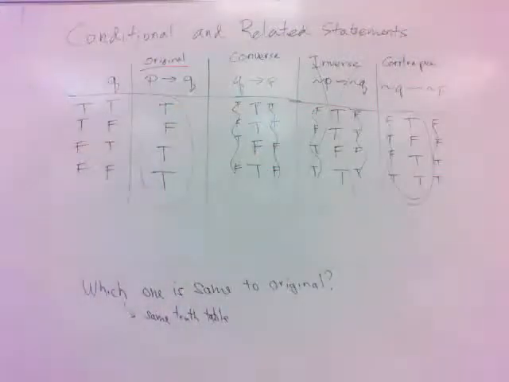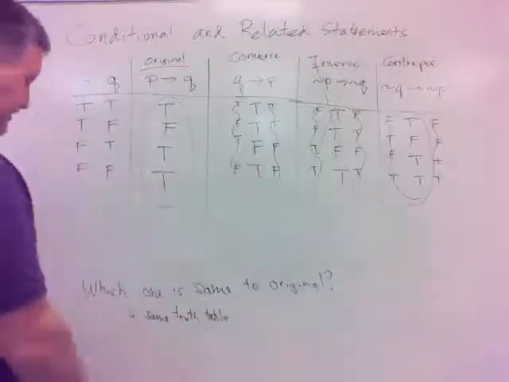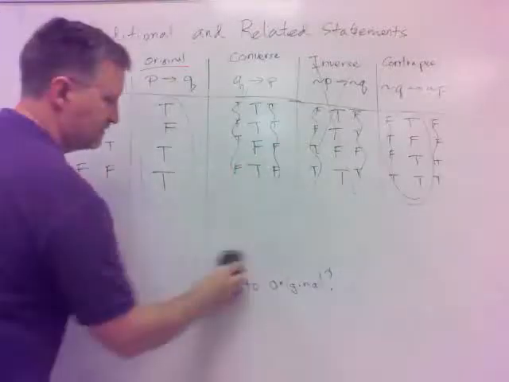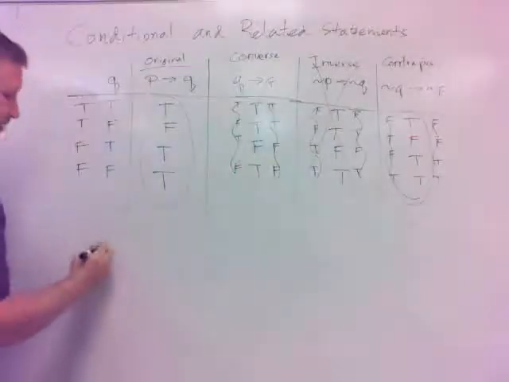We did find one. Yeah, it turns out the statement equivalent to the original is the contrapositive. It will always be the case. Those two things say exactly the same thing. Always will be. All right?